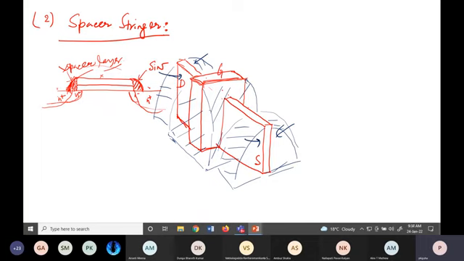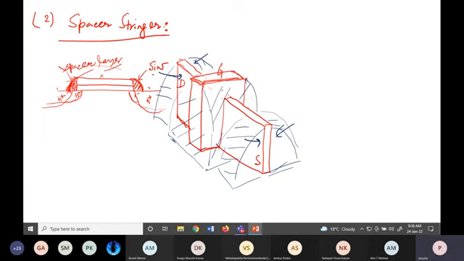Now what you can do: if you look carefully, the height of the gate, at the end of the day, is more than the height of source and drain, right?